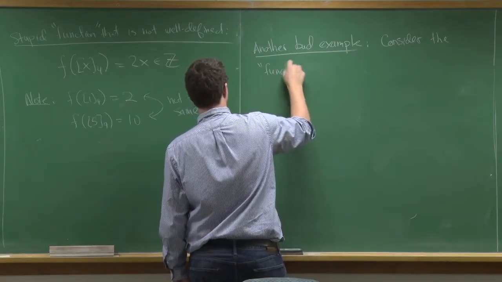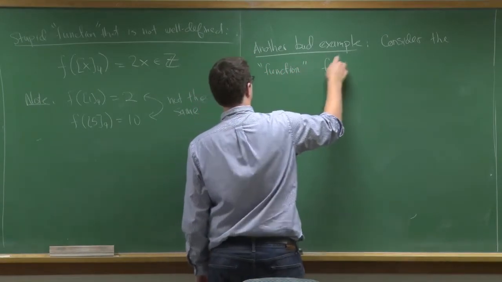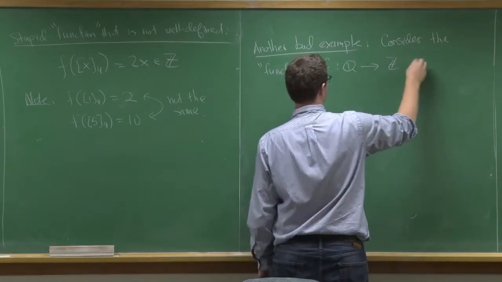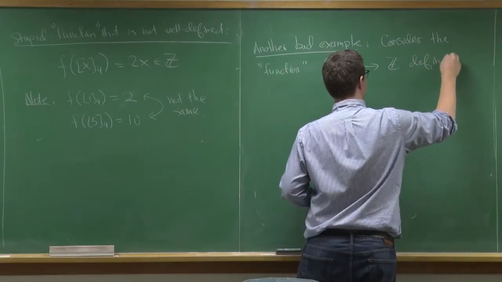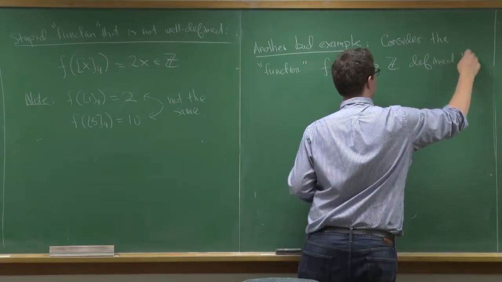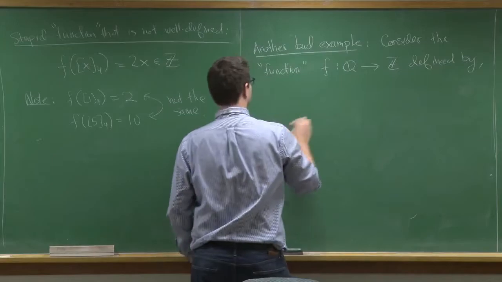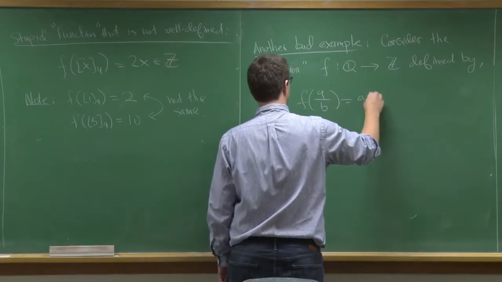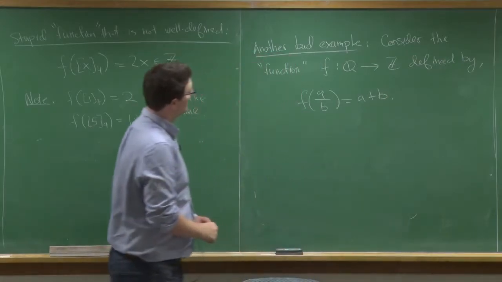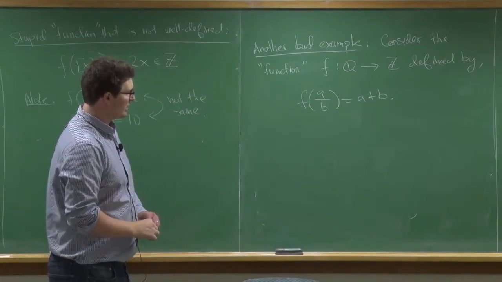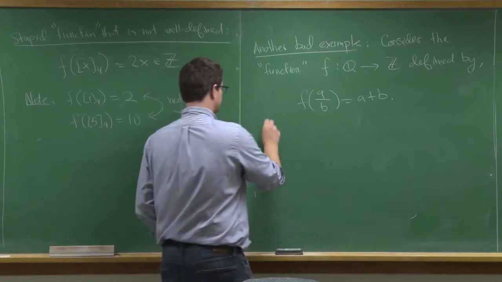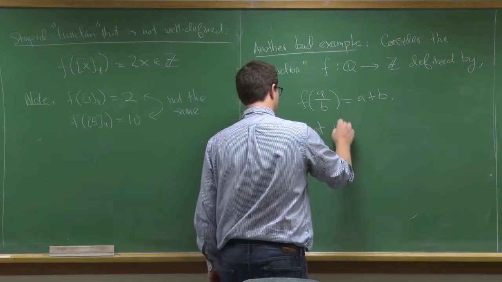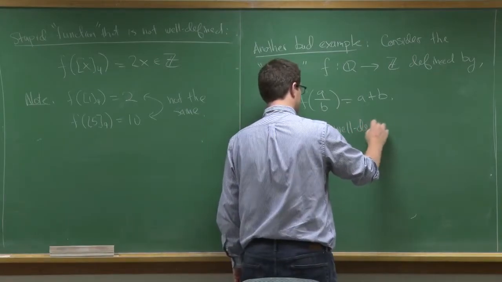"Function," it's not a function. f from Q to, let's say, the integers defined by f of a over b is equal to a plus b. Okay? So this thing is not well defined.